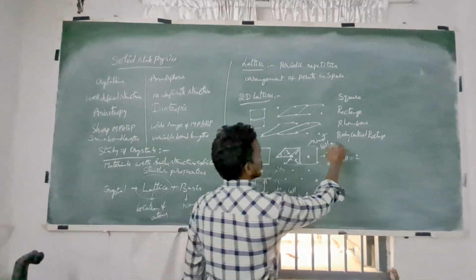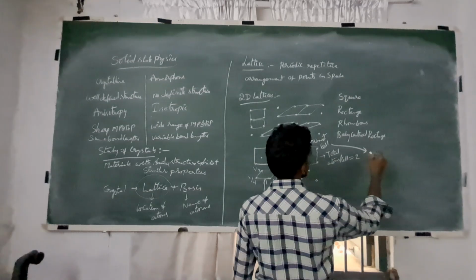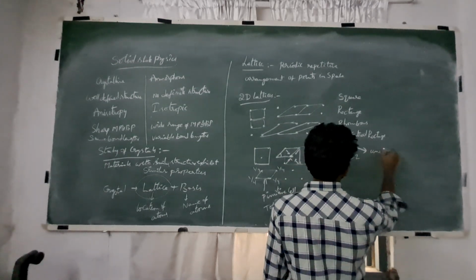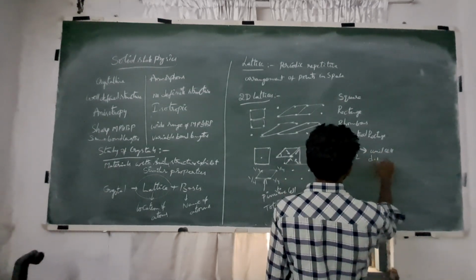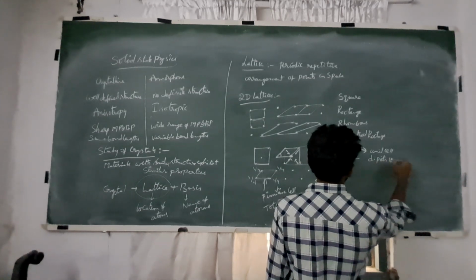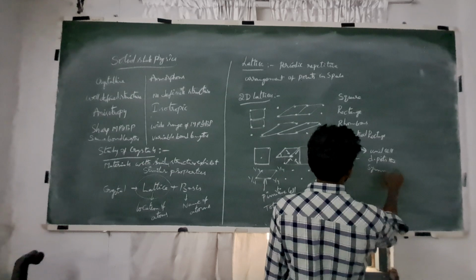So unit cell depicts the symmetry information.